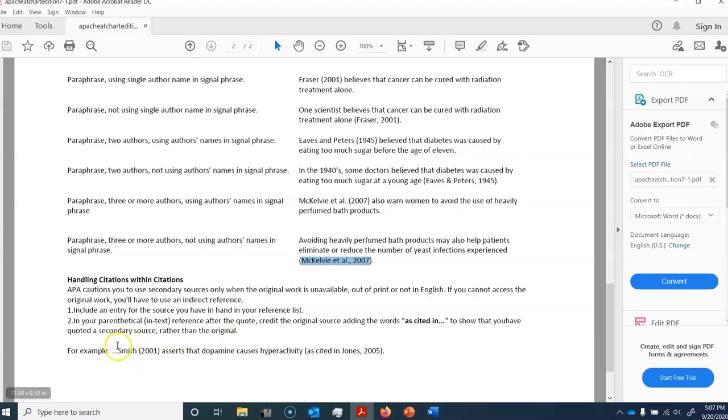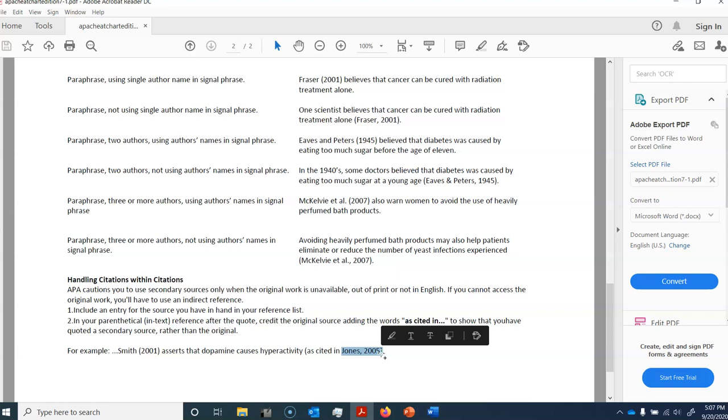So, for example, if I had a resource that was written by Jones in 2005, but Jones had referenced Smith 2001 in his or her article, I would write Smith 2001, then my paraphrase, and then at the end of my paraphrase, I'd open up another bracket and use the words "as cited in," then the name of my original, Jones, comma, followed by the year of publication.